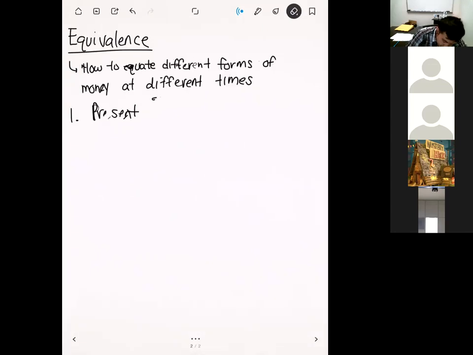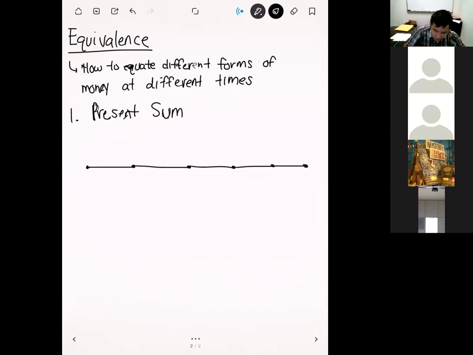The first form of cash flow that we went over was a present sum. A present sum is one lump sum of money that you have today. Visually, on a cash flow diagram, it could be either a benefit or a cost that occurs on year 0.